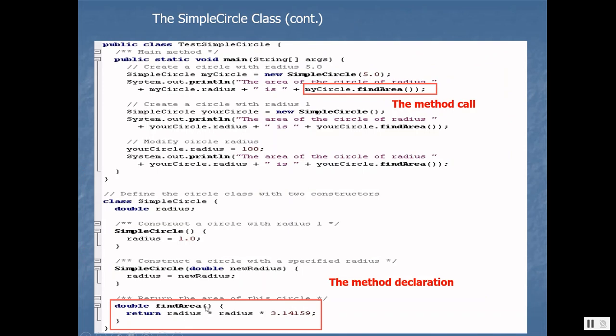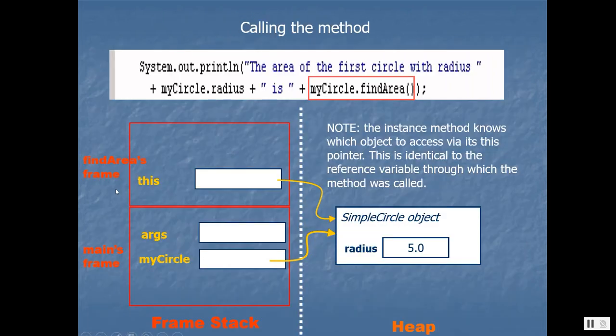Doesn't even have any formal parameters, right? And yet there's something in the frame, which is a this pointer. And so what is the this pointer pointing at? It's pointing at the exact same thing that the reference was pointing at, through which we called find area. So there's that this pointer, again, coming into action right here. So this is pointing at the object for which the method had been invoked.